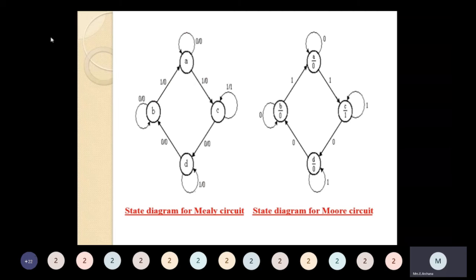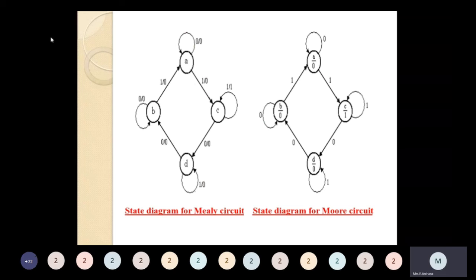When we see the left hand side diagram, that is a Mealy circuit. Here the circle represents the state. It consists of four states A, B, C, D, and the arrow represents the transition line from one state to another state. It consists of two binary numbers separated by a bar.